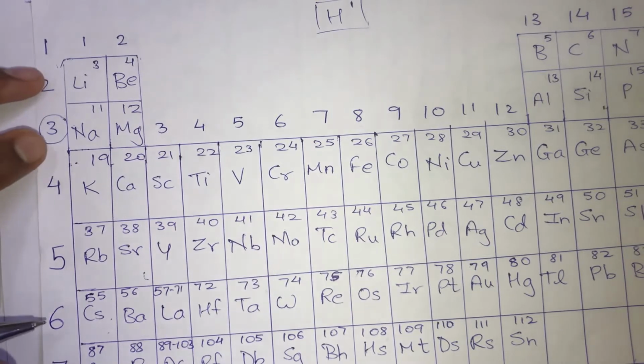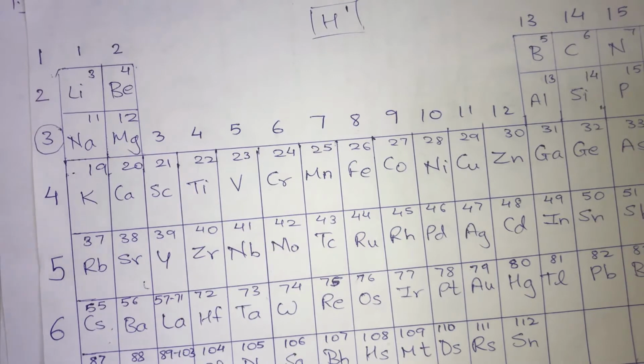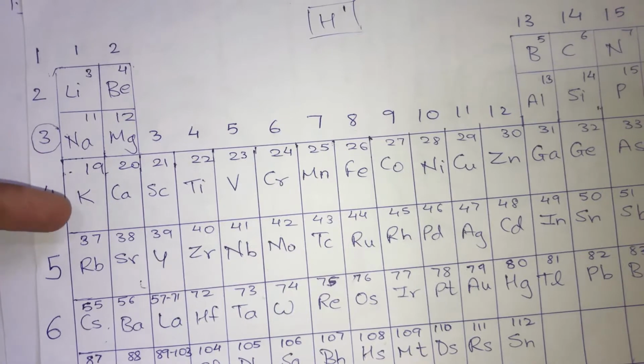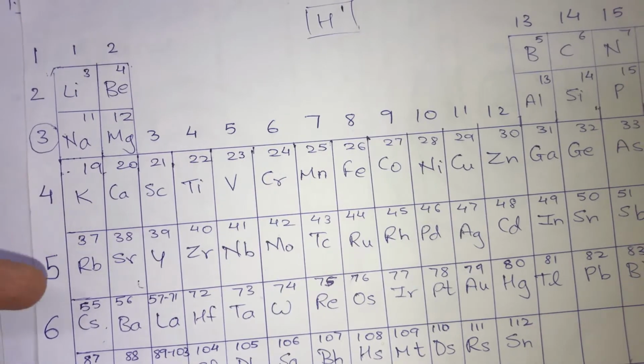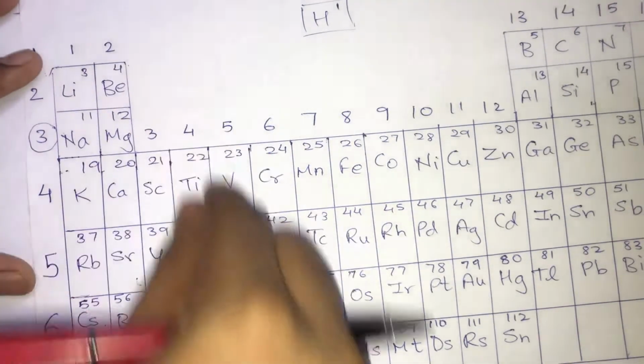Similarly, as I move from sodium to potassium, again one more energy level is getting added. And if I move from potassium to rubidium, again one more energy level is added.